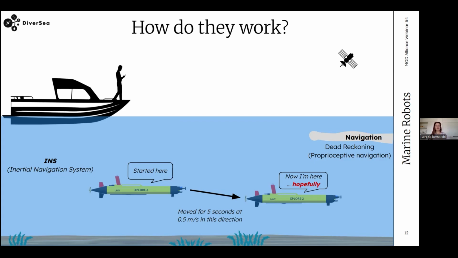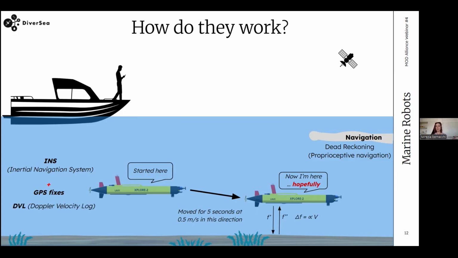Okay. The problem here is that the more the vehicle stays underwater, the more error we have in the estimated position. So in order to fix this error, we can use the GPS fixes. So we let the vehicle resurface, acquire the GPS, and then dive again underwater and complete the mission.